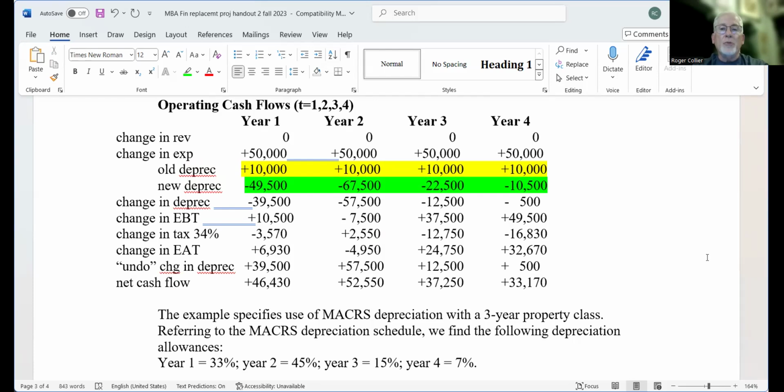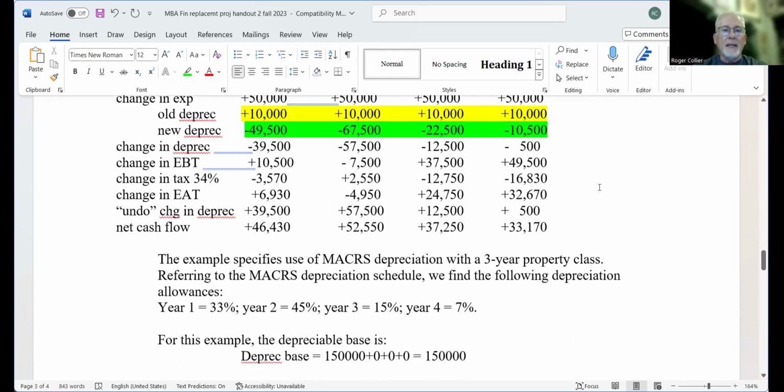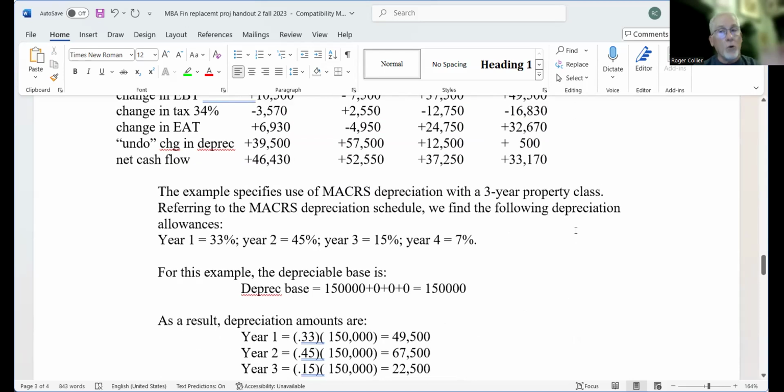Okay. Now, the new machine said they're going to depreciate using 3-year MACRS. Well, if you look at the MACRS table, you'll see, of course, that 3-year MACRS gives us 4 years of depreciation because of that half-year or mid-year convention. And here are the percentages from that table. 33, 45, 15, and 7, and those 4 add up to 100%.